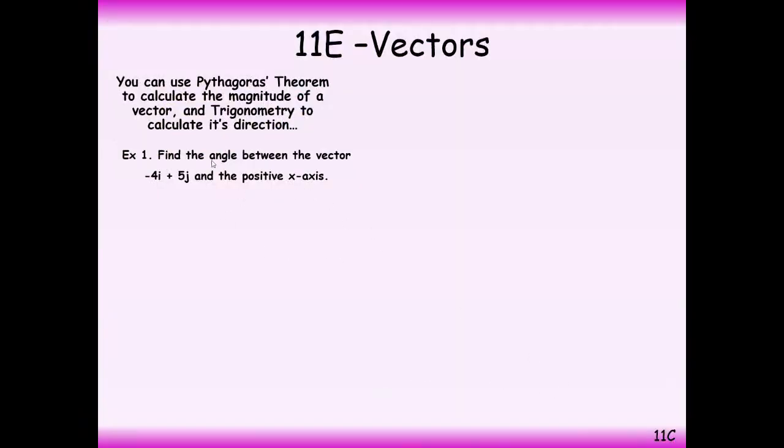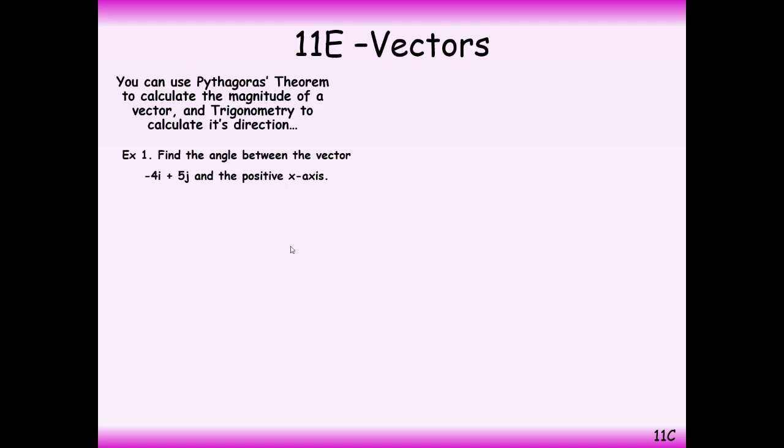In this question, we've been given a vector -4i + 5j, and we are asked to calculate the angle that it makes with the positive x-axis.